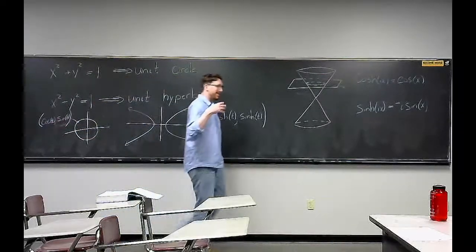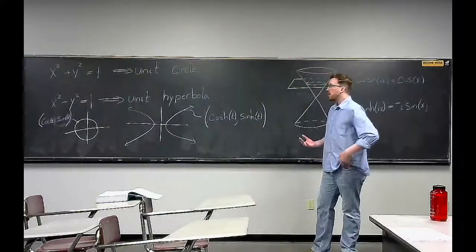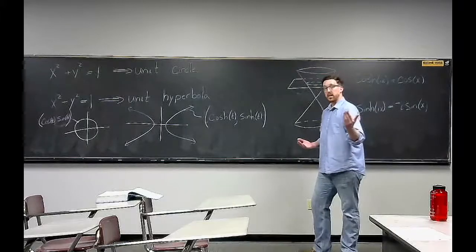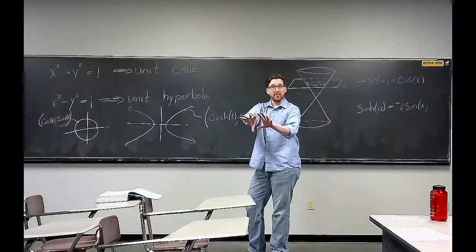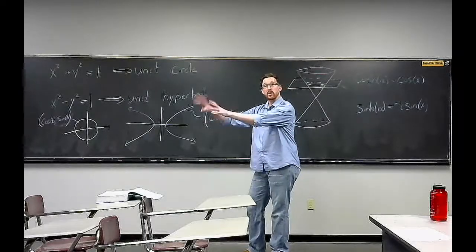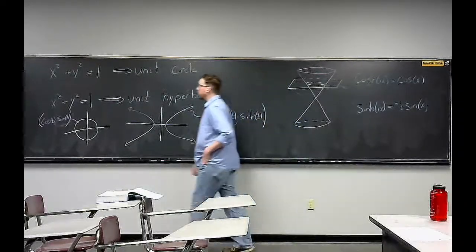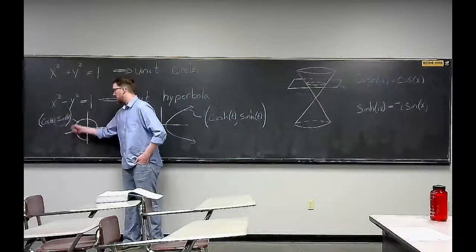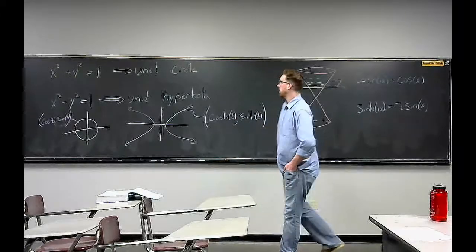So if we had this variable t, we could pass t through cosine and say x is equal to that thing. And then we could do the same thing for y except with sine, and that would describe all the points on the unit circle, right? That's trig 101.